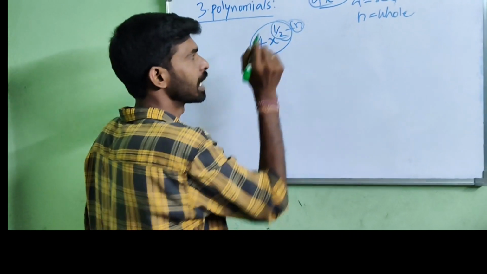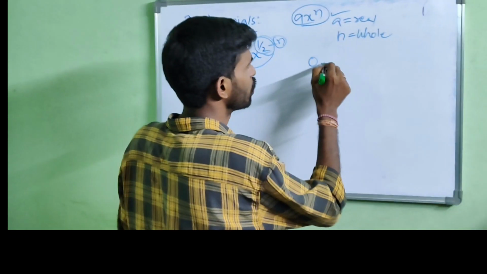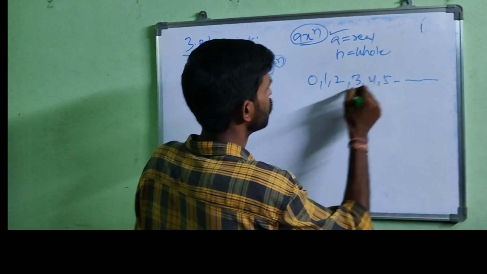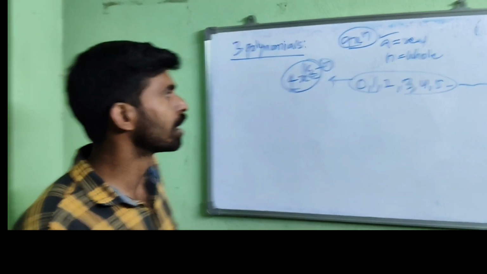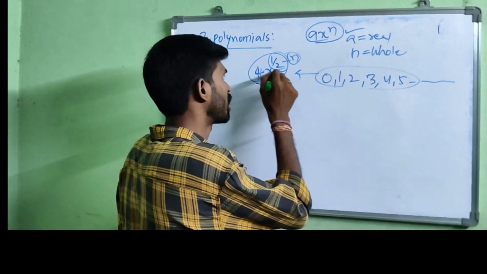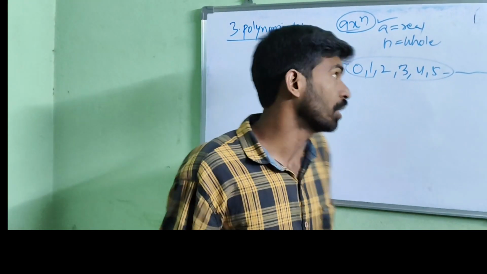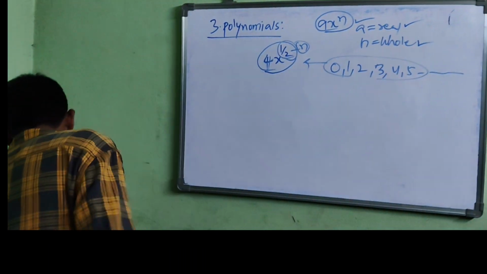Here this is n. Is n a whole number? No. What are whole numbers? Starting with 0, including all natural numbers. If this is acceptable here, then only it will be a polynomial. Otherwise, this 4 into x power 1 by 2 is not a polynomial. Like that we need to justify. Okay. a must be real and n is a whole number.